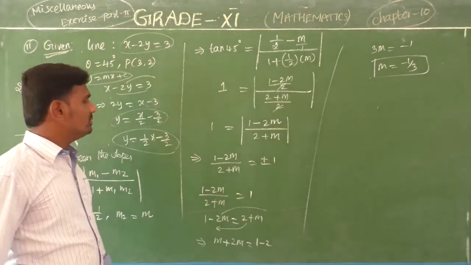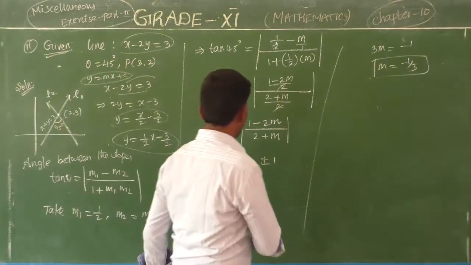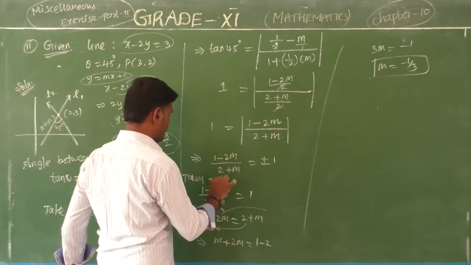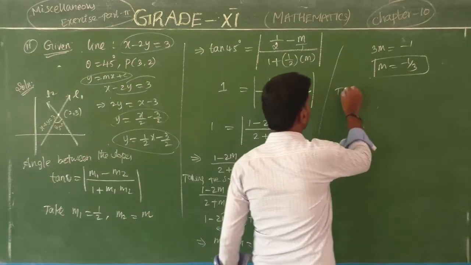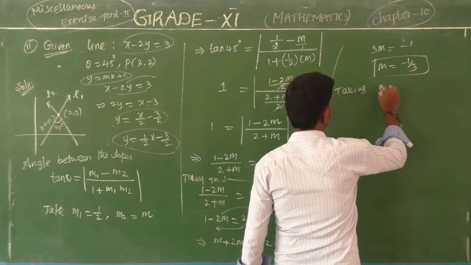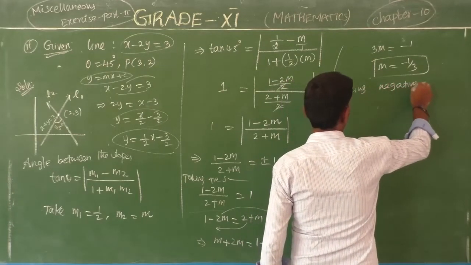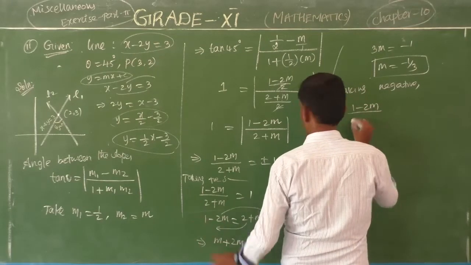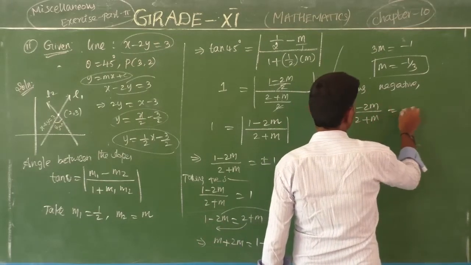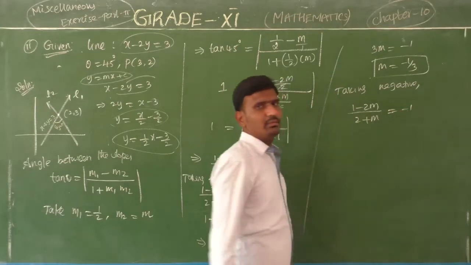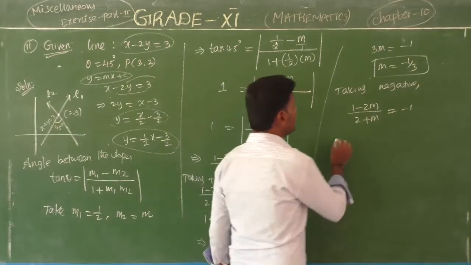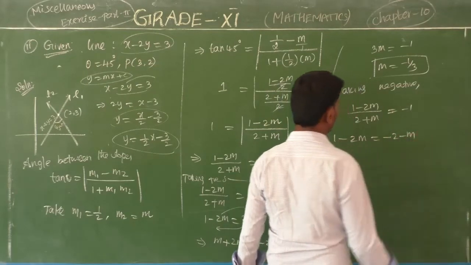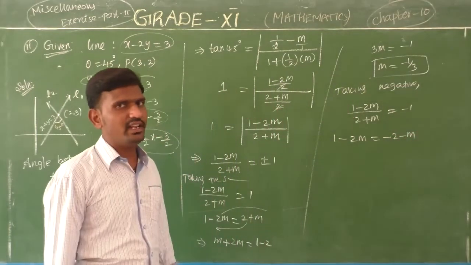So this is one term, taking the positive root. Now the negative: 1 minus 2m by 2 plus m is equal to minus 1. So taking a cross multiplication, 1 minus 2m equal to minus 2 minus m.